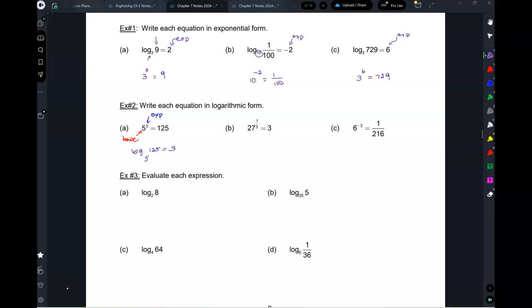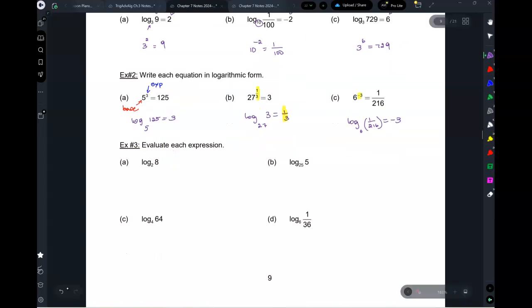This one: log base, what's the base? 27 of 3 is equal to the exponent. The exponent is always the answer to the logarithm. Here's the exponent. That's going to be the answer to the logarithm. So log base 6 of 1 over 216 is equal to -3. Okay, so for these, we were just rewriting them.